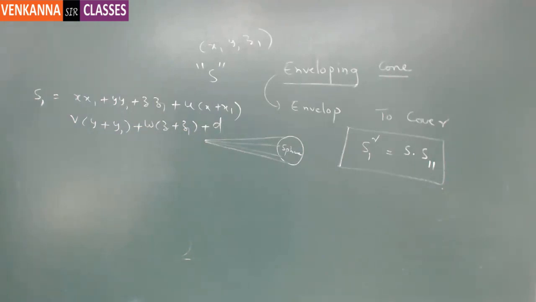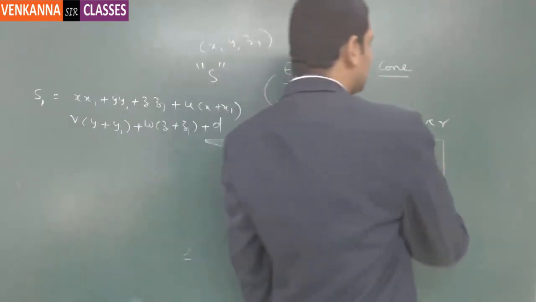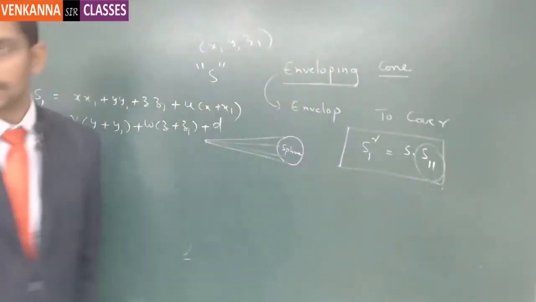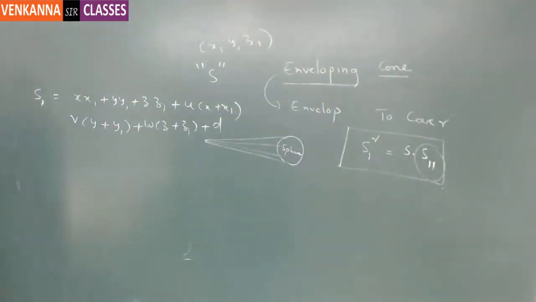And S11 is the number you get when you substitute the point x1, y1, z1 in the sphere equation. So S1 square equals S into S11 is the required enveloping cone equation.